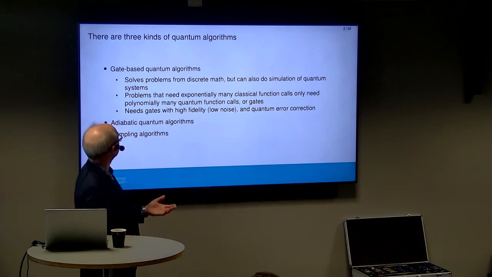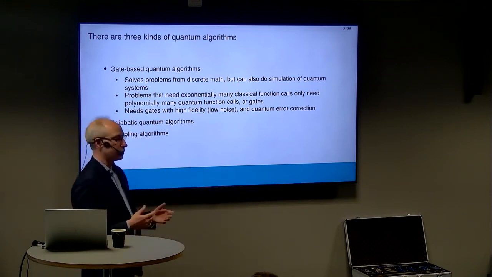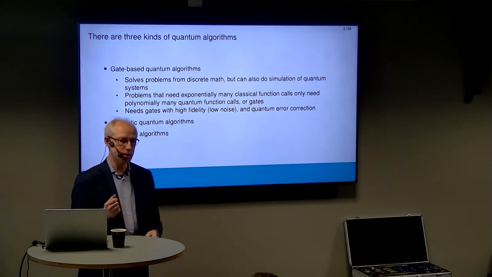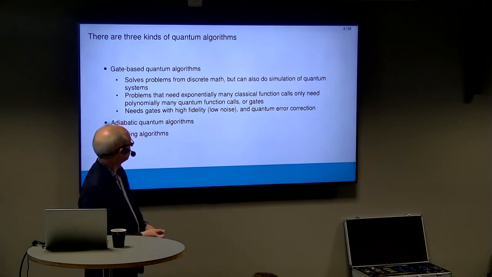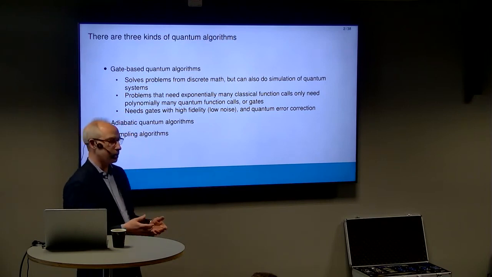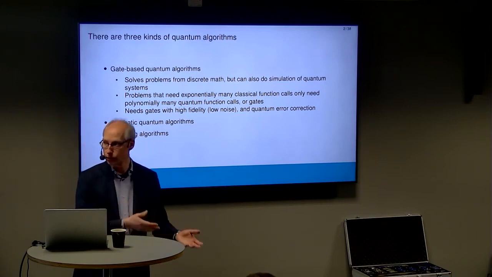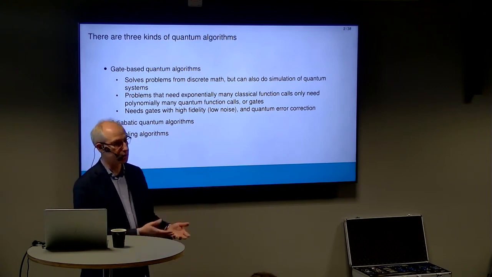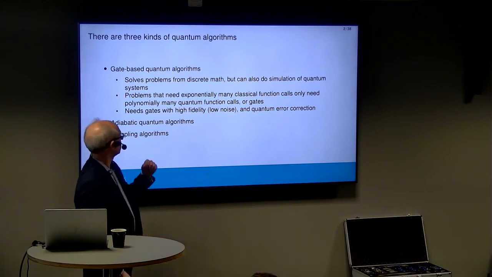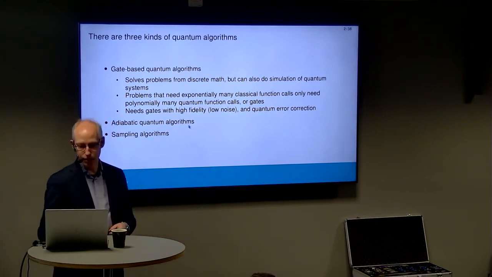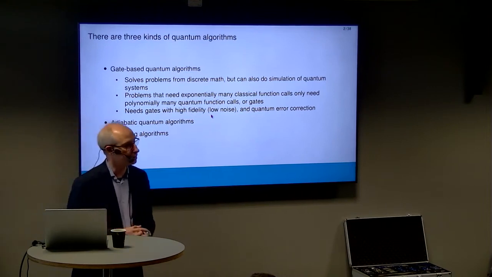So what you typically see in these gate-based calculations is that problems where you need to use exponentially many calls in a classical machine might need polynomially or even as low as one function call to extract the overall information from the function. A problem here is that it needs gates with high fidelity. So it's really, really hard to build these things.